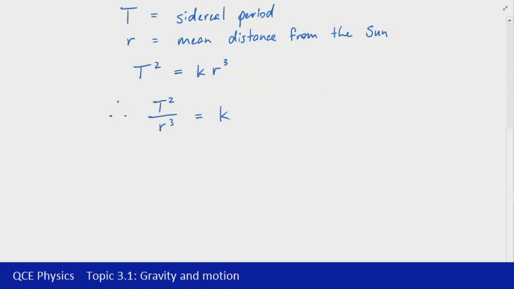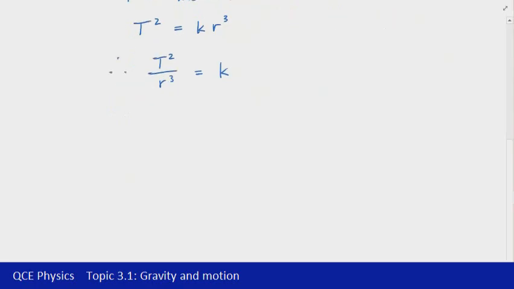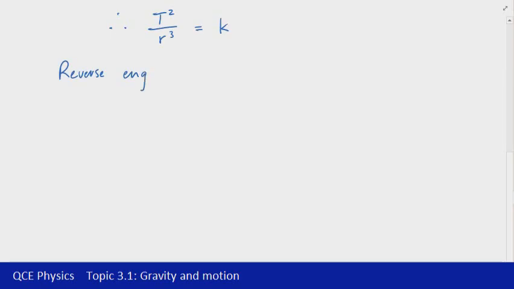So what is that value of K? How do we figure out what that value of K is? I mean, we don't want to have to sit down and make measurements of all of the planets as they move across the night sky and do that for a number of years as astronomers did back in Kepler's day, and use all of that data to then figure out what this relationship is. We can actually now effectively just reverse engineer Newton's law of gravitation.